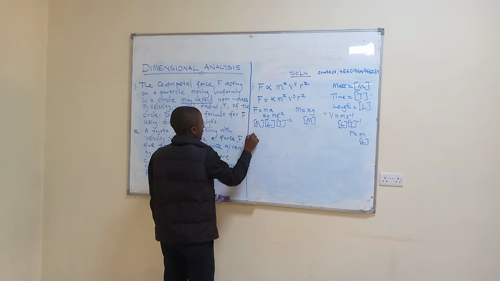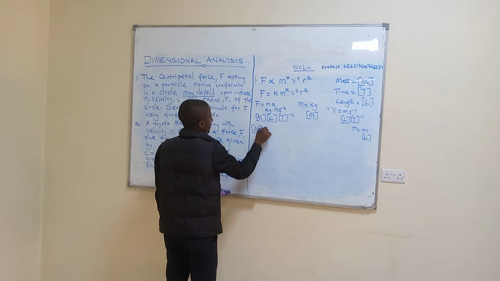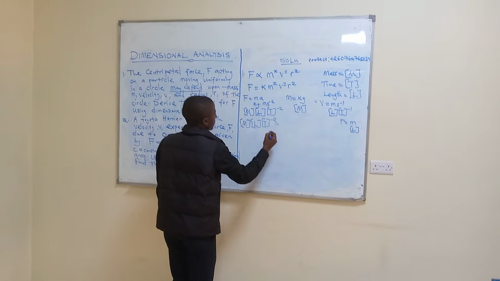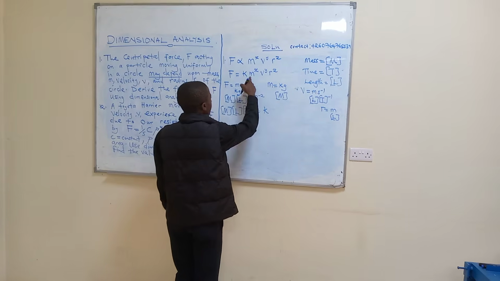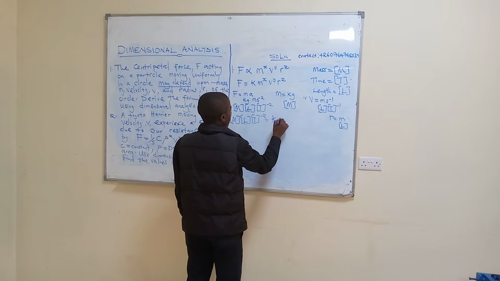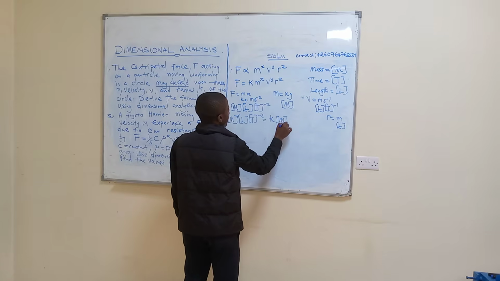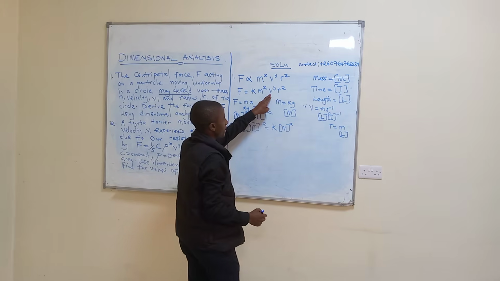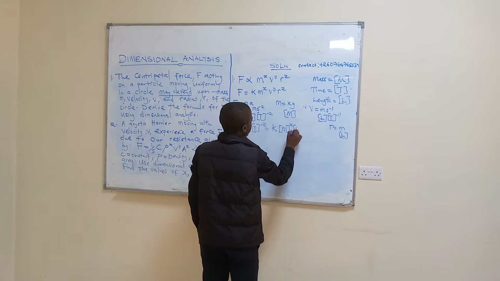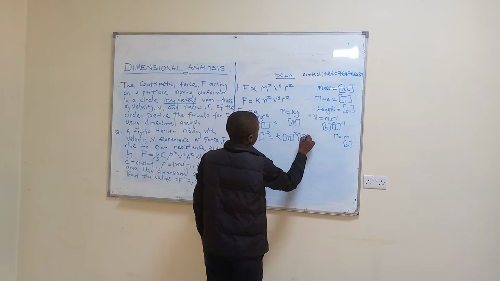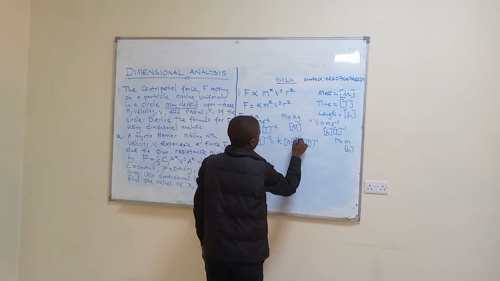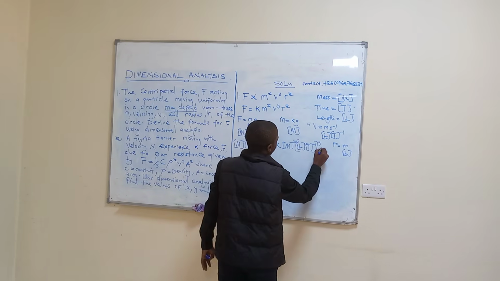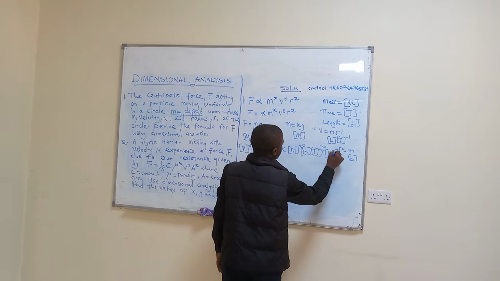So that is M L T^-2 is equal to K times capital M raised to power x, times velocity, that is L T^-1 raised to power y. For radius, we have L raised to power z.